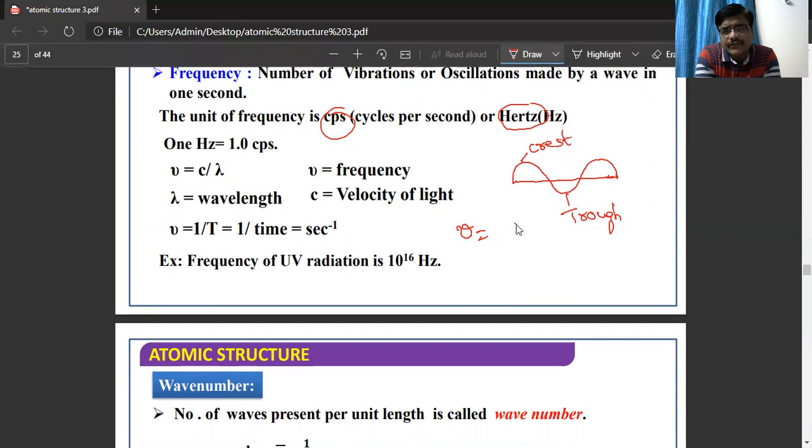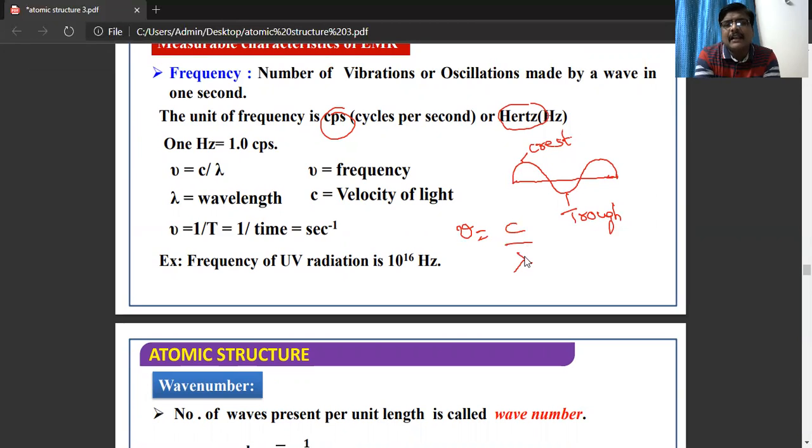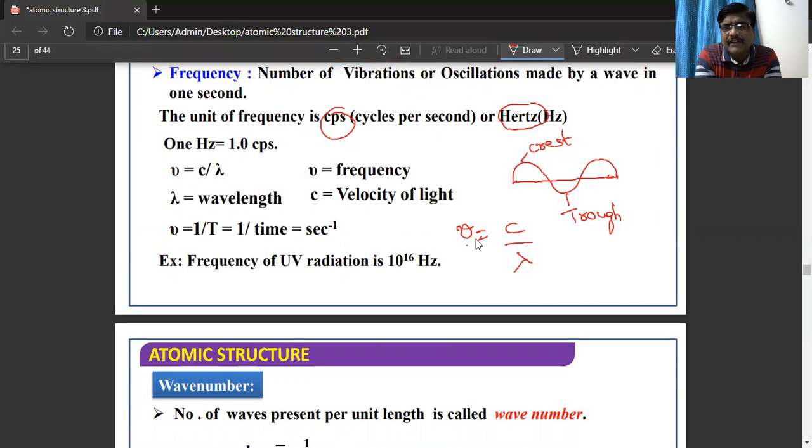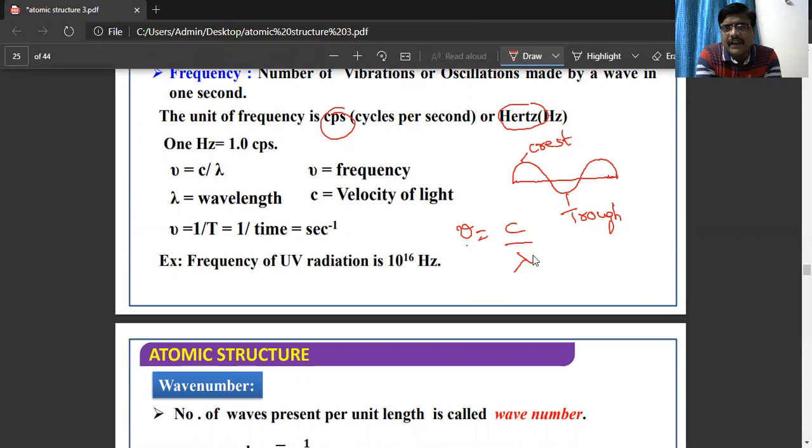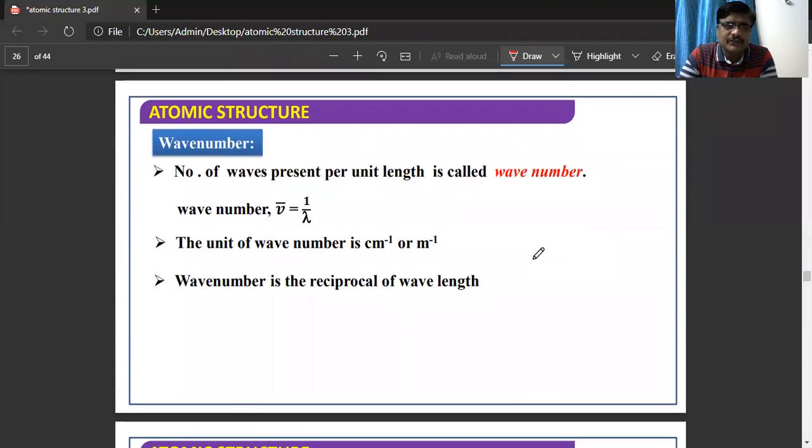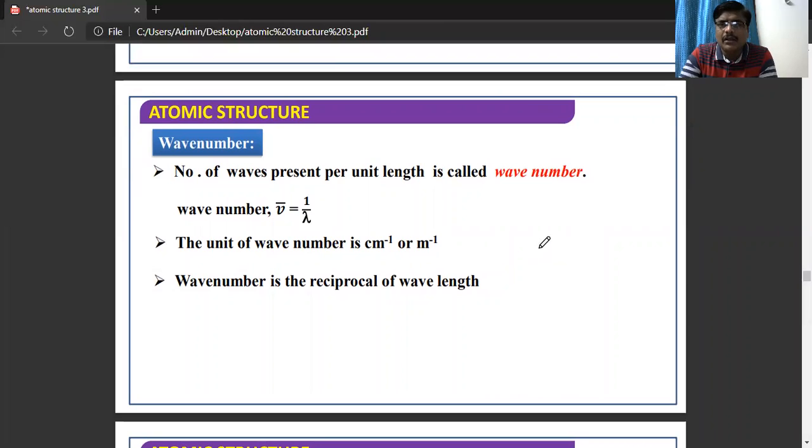So nu is equal to c by lambda, where nu is the frequency, c is the velocity of light, and lambda is the wavelength. So that is about frequency.